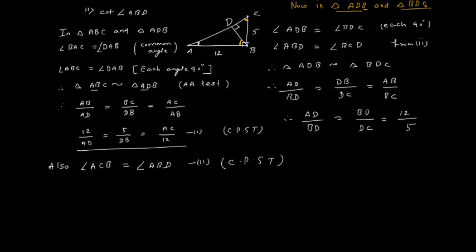So we will say that in triangle ABC, angle B is 90 degrees.